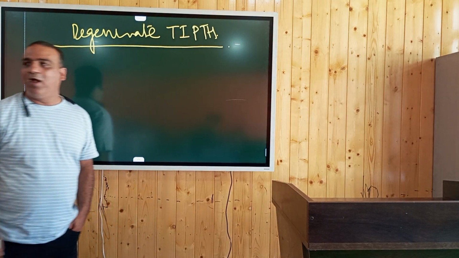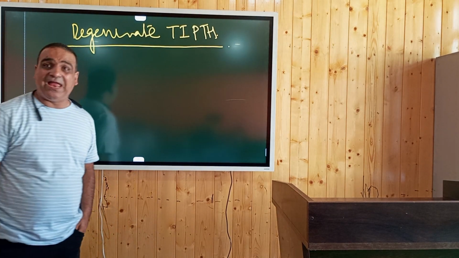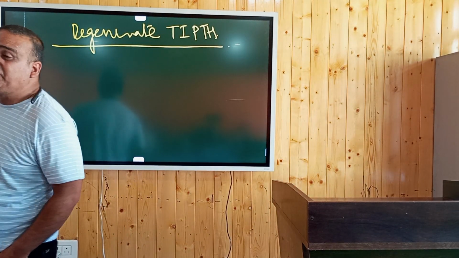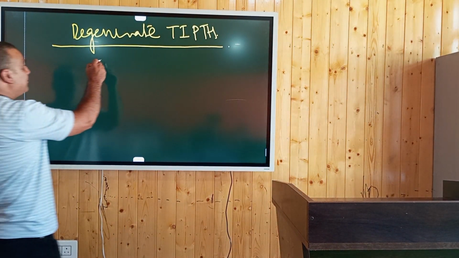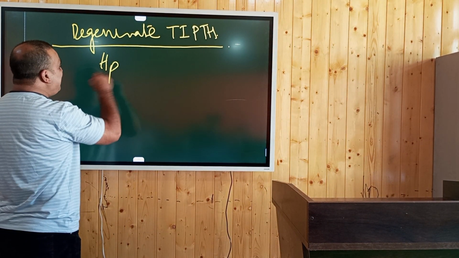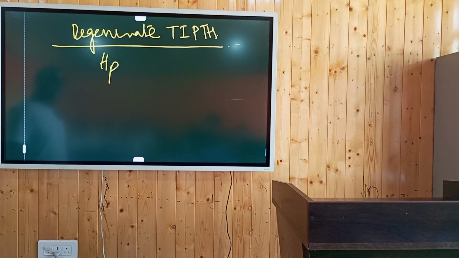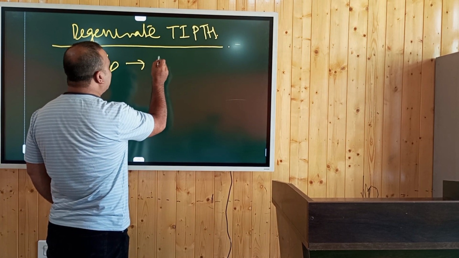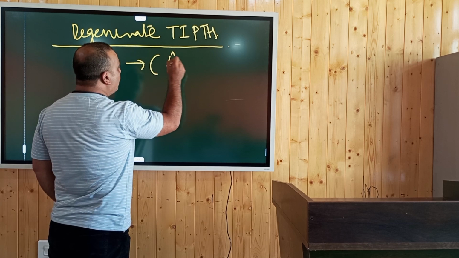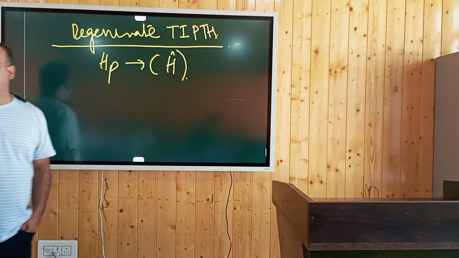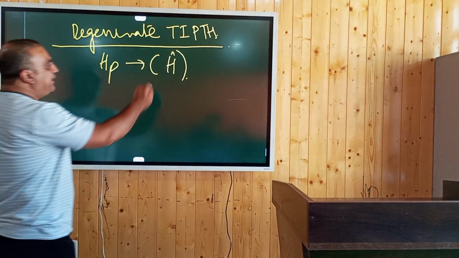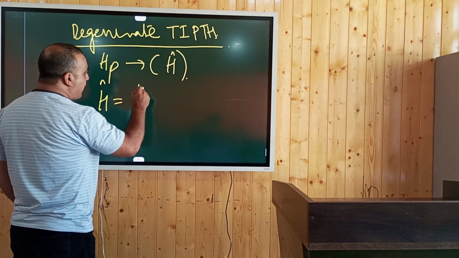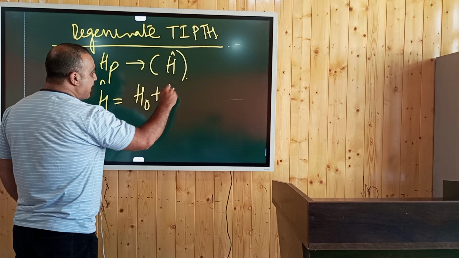So what we have is a perturbed Hamiltonian, right? If I assume that my perturbation operator is H prime, or I may call it HP, this is the perturbation that I am introducing into the original Hamiltonian, right? So this H will be the combination of H naught plus HP.